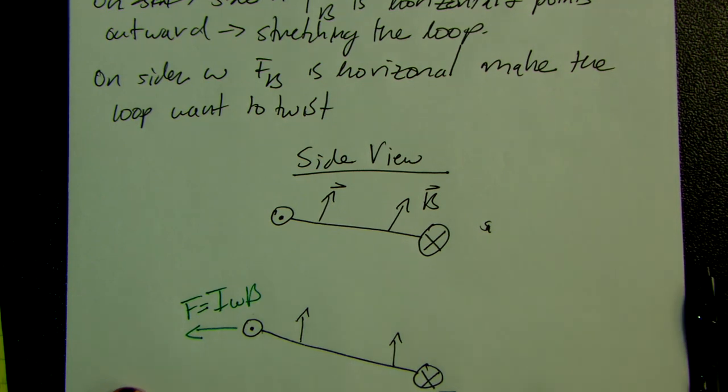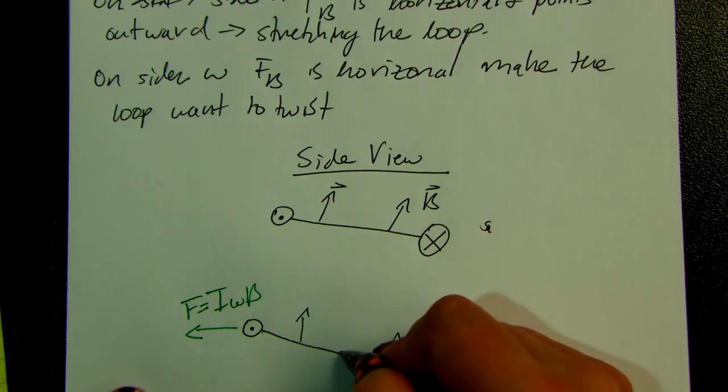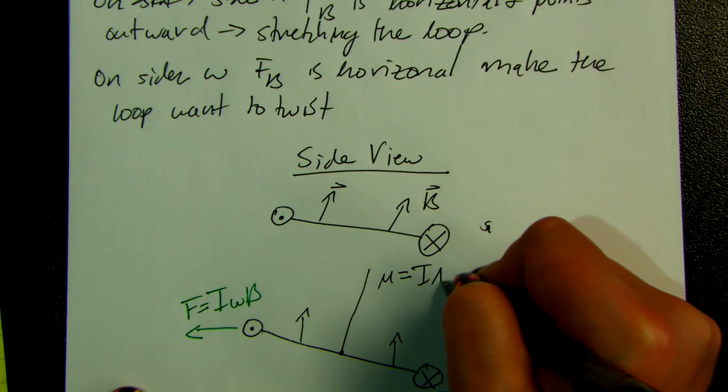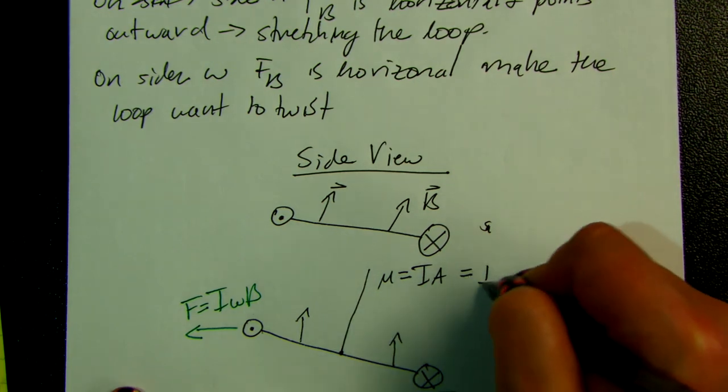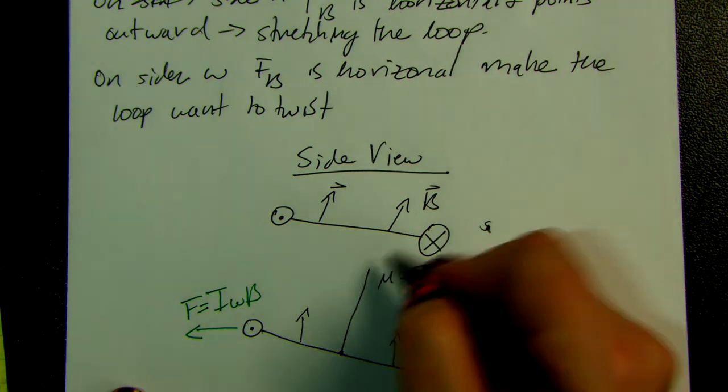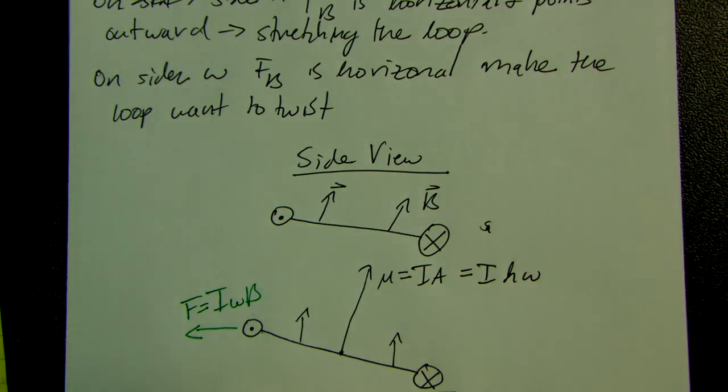And in the middle, we have something that we've seen before. Mu is equal to current times area, which is equal to current times height times width. So if you recall, mu is the magnetic dipole moment.